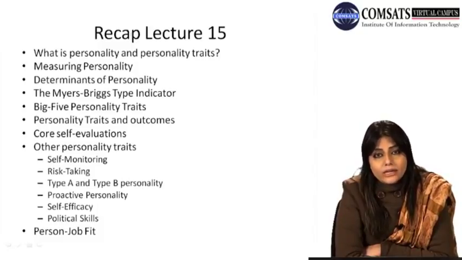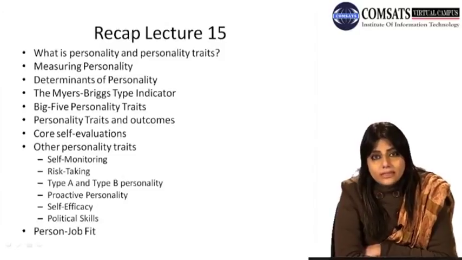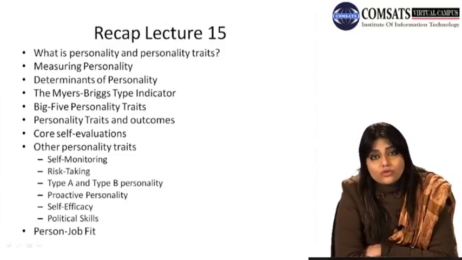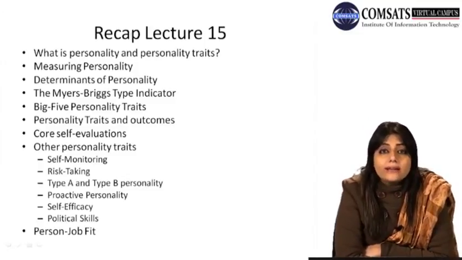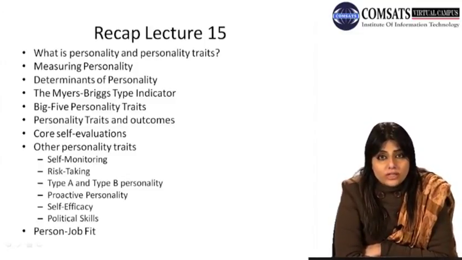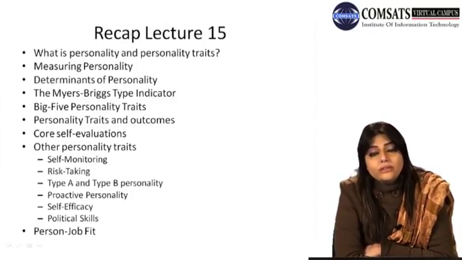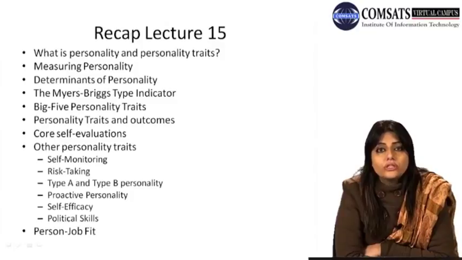So in terms of outcomes, most of the outcomes are similar for these two types of people because the characteristics of these two traits are quite similar. They are highly correlated, but not perfectly correlated, and still they are distinct constructs. They are distinct personality traits. That is why they should be measured distinctly.